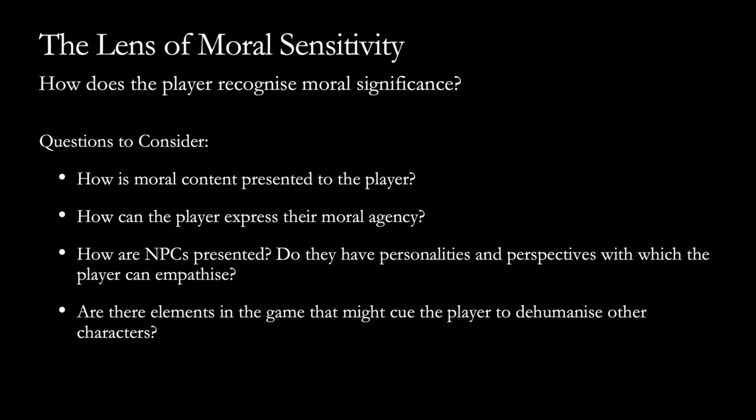If, however, we take this more aggregation of choices approach, where a lot of small systemic choices add up to moral significance, then none of those individual choices are so clearly signposted as being morally significant. And it may be it's up to the player to realize that as they have made a series of choices throughout the game, they've also taken a moral stance along the way.